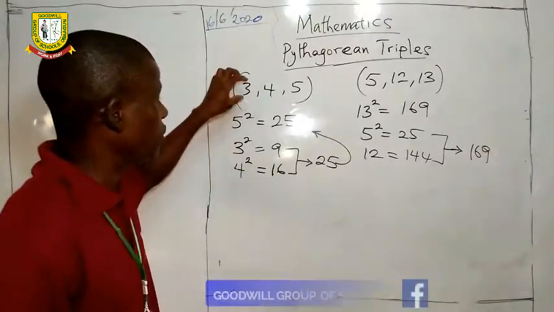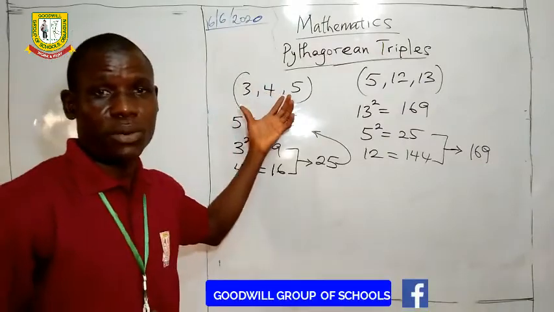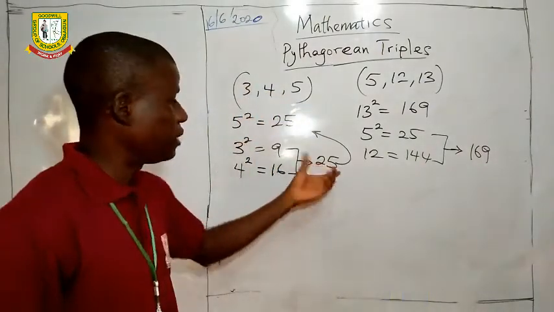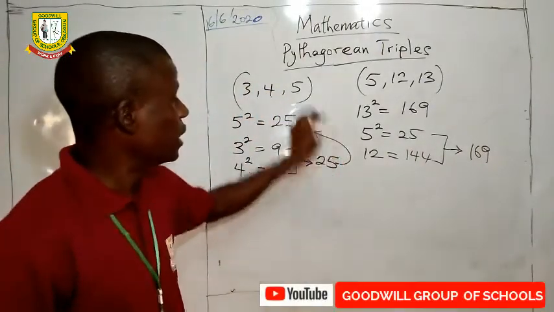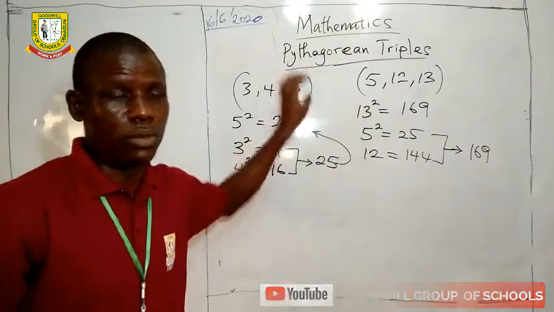Then it's just a question of applying Pythagoras theorem and finding the square root. We will get the third value.